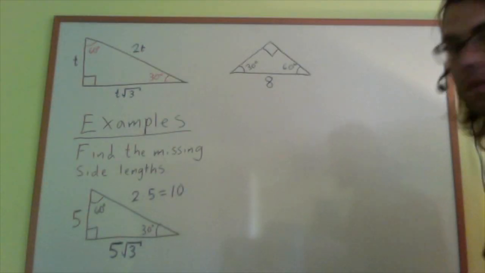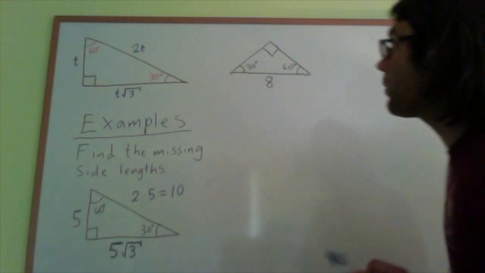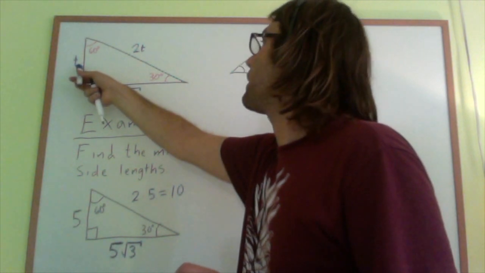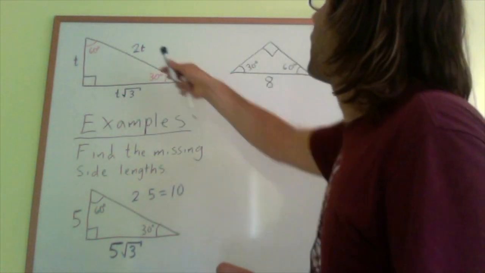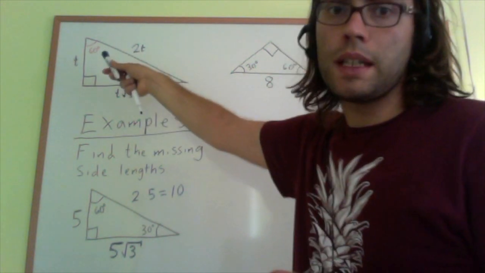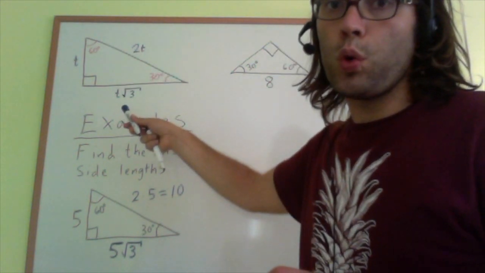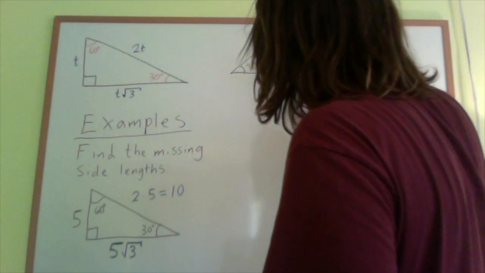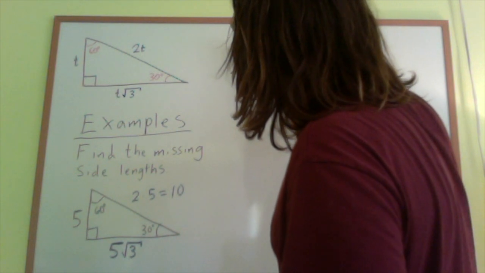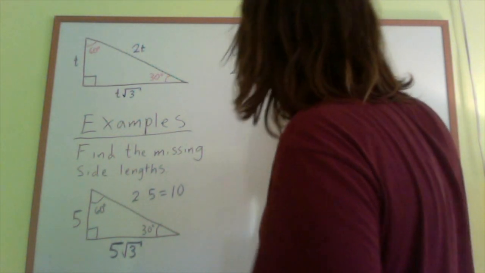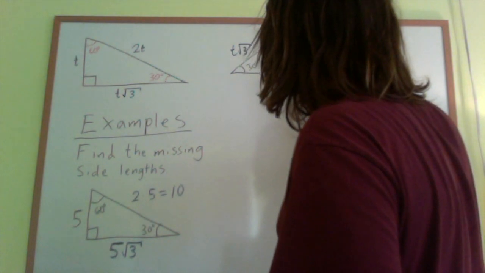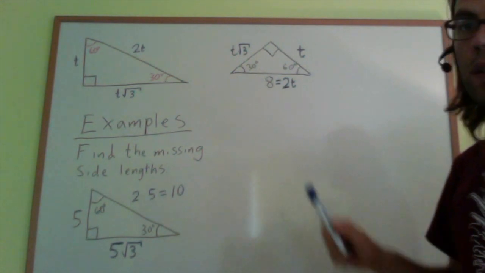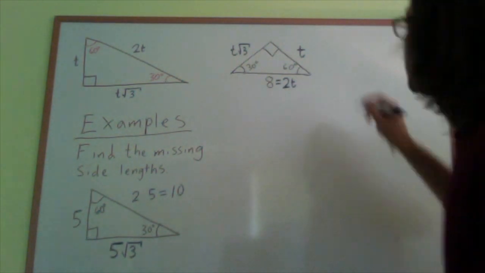Okay, so because of this relationship, we know that if the side opposite 30 has length t, then the hypotenuse has length 2t, and the side opposite 60 has length t root 3. So this would be t here, this would be t root 3, and this here would be 2t.